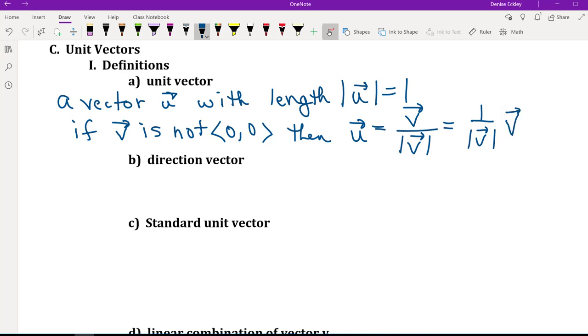So how you create any unit vector is literally divide each component by the scalar, which is its magnitude. So a direction vector is a unit vector in the direction of the original vector.